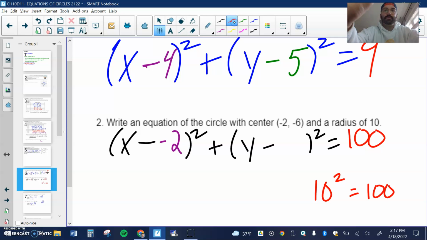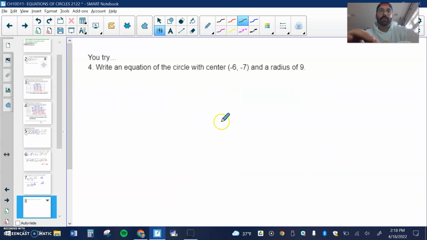So this becomes plus 2. Minus negative 6 becomes plus 6. 2 negatives make it a positive. So I have x plus 2 squared plus y plus 6 squared equals 100. I want you to try.